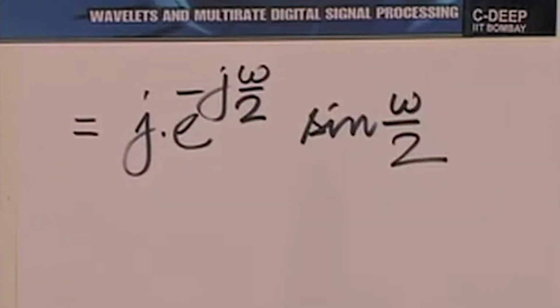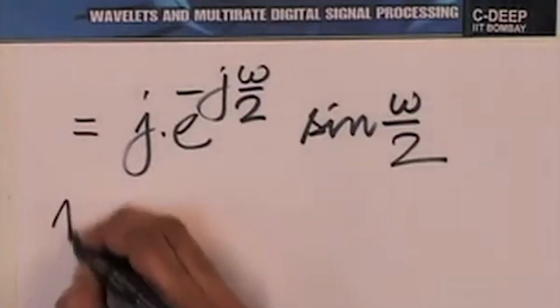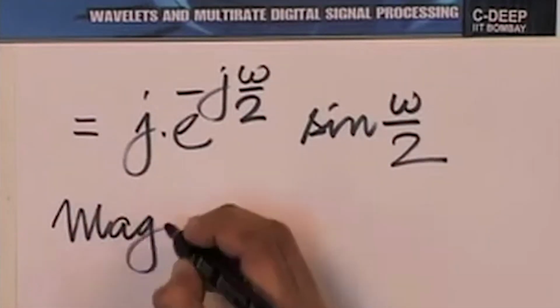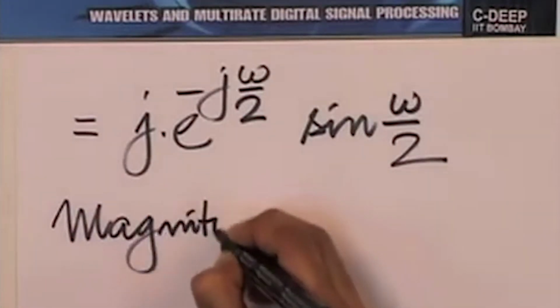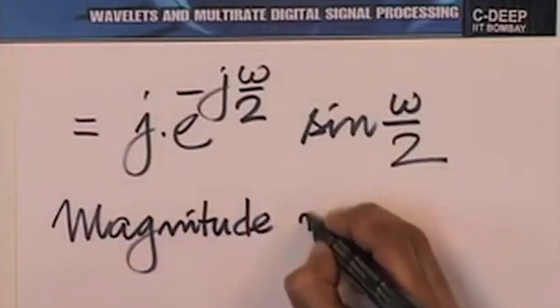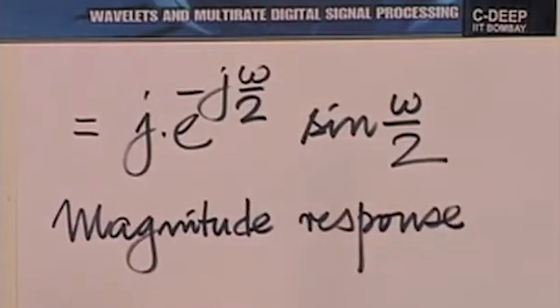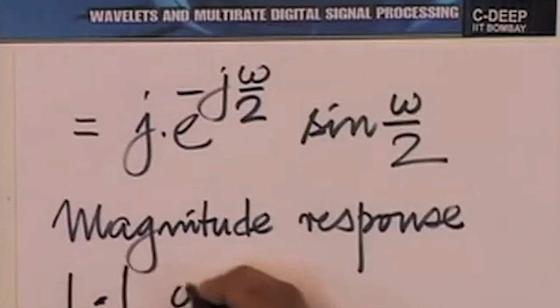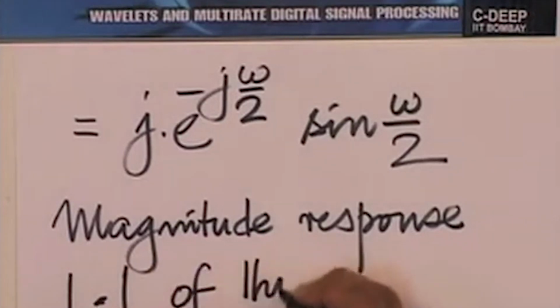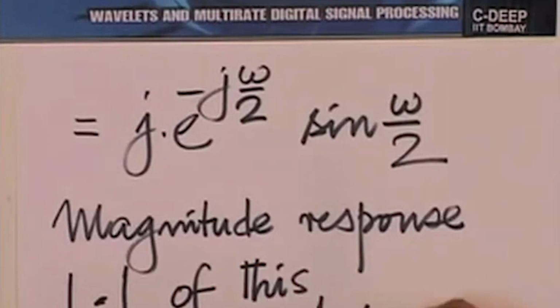Once again, I look at the magnitude response first. The magnitude response is the magnitude of this, and that is easily seen to be mod sin omega by 2.